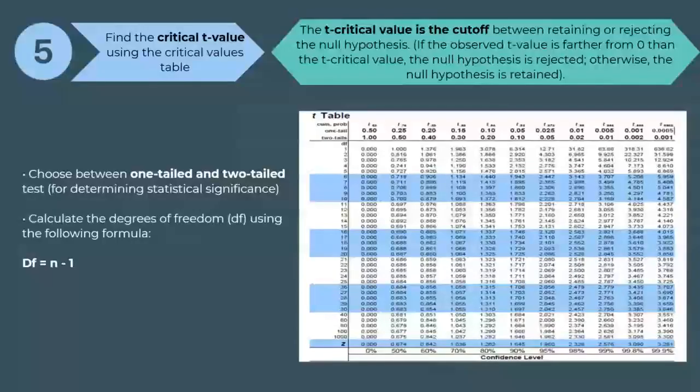The rule for any statistical test, unless otherwise specified, is that if the value you calculate from your formula falls within the critical region, then you reject the null hypothesis. If it falls outside of that region, then you accept the null hypothesis.